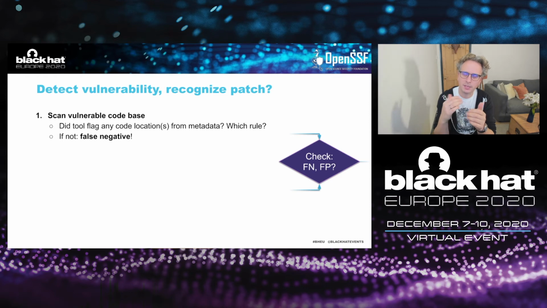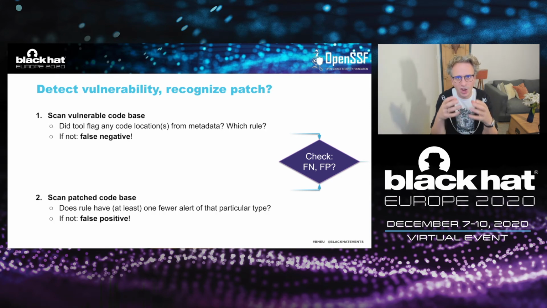Where do we expect a tool to flag up an alert? If a tool does not flag up an alert in any of these locations, we call that a false negative. The tool did not detect the CVE. If the tool did indeed flag up the CVE, then we look very carefully at which rule was responsible for generating that alert, because we need that in step number 2, where we check the patched code base.